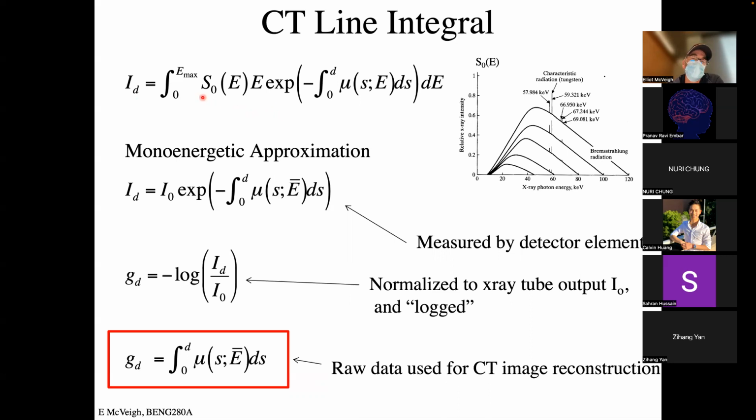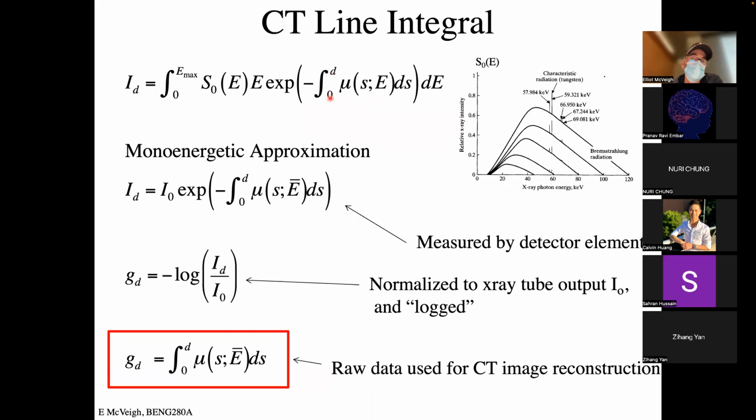In that we have an amount of X-ray energy entering our path, and that's proportional to this energy density or relative energy density times the energy, right? And then the attenuation that occurs is proportional to the integration of the linear attenuation coefficient from the entry point to some depth d.